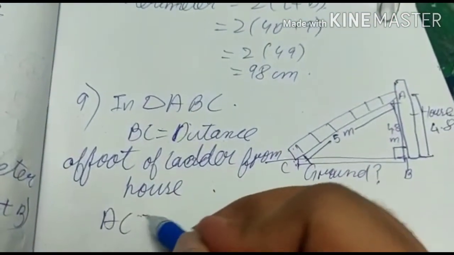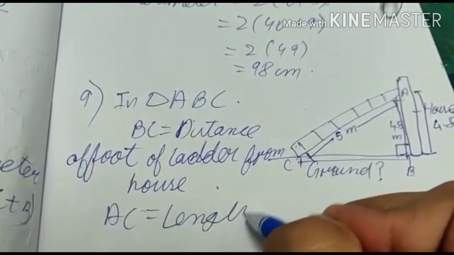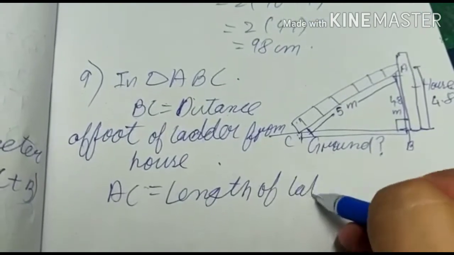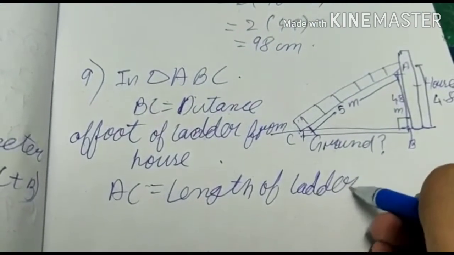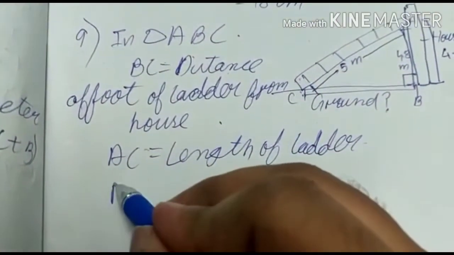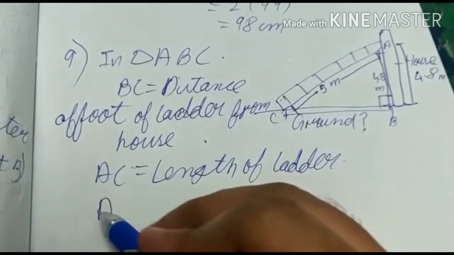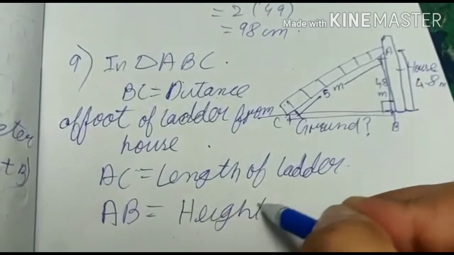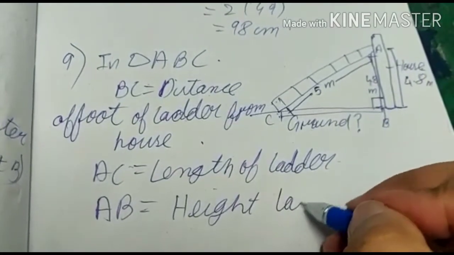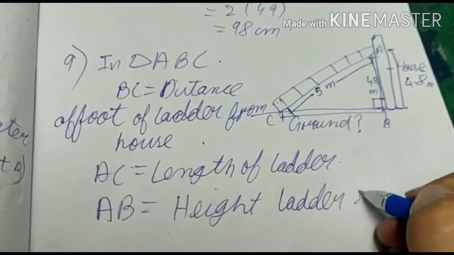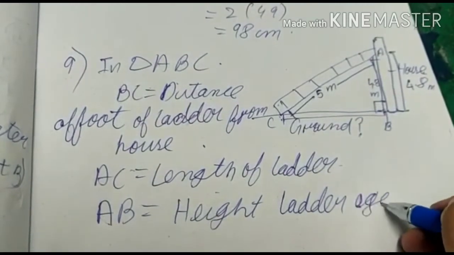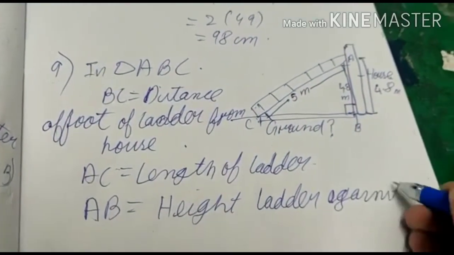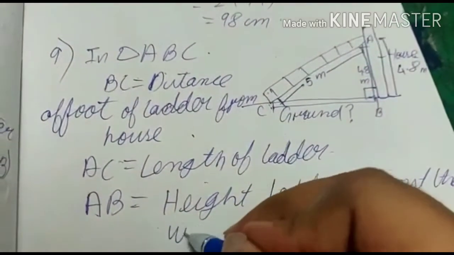AC is the length of the ladder, and AB is the height of the ladder against the wall of the house.